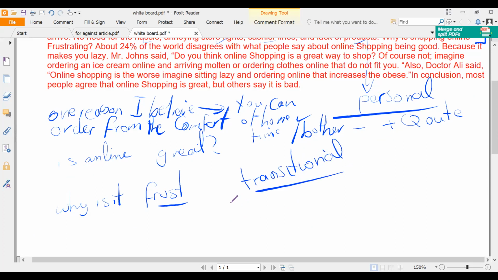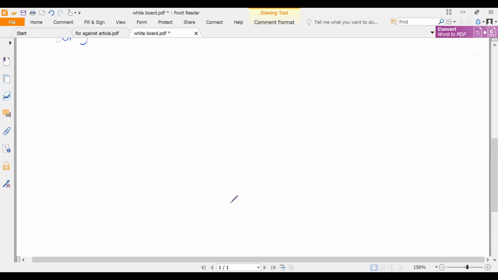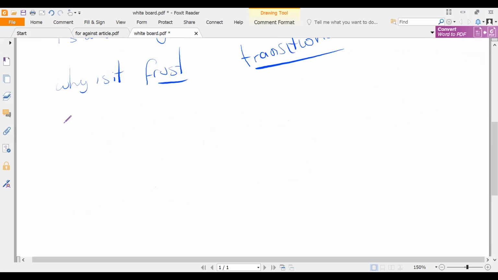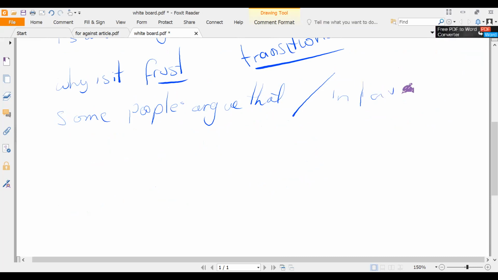Like what? You can start the first paragraph by saying some people argue that, or you can say in favor of online shopping. This is a way to start, using transitional words.